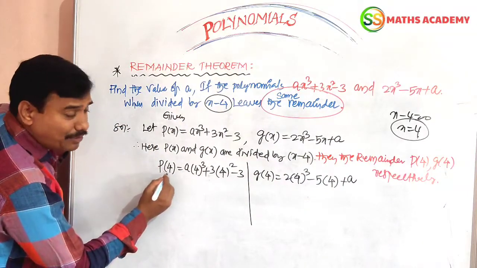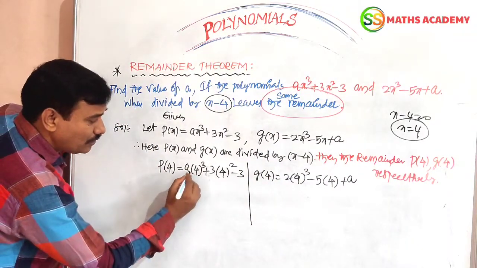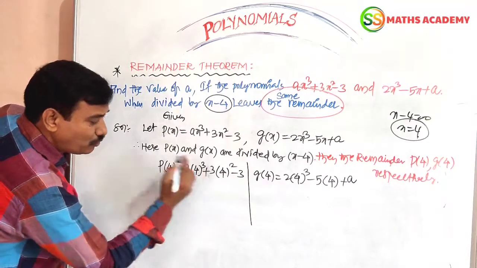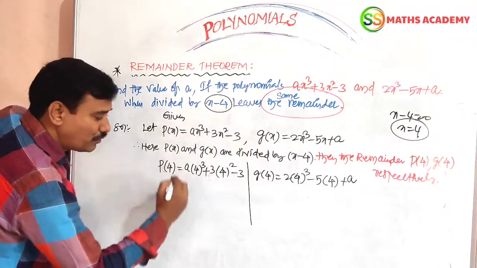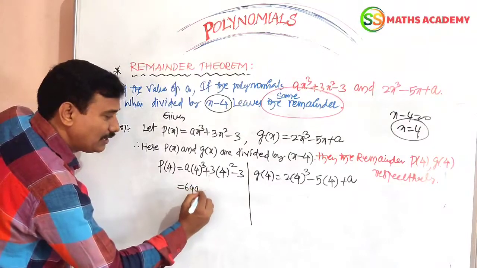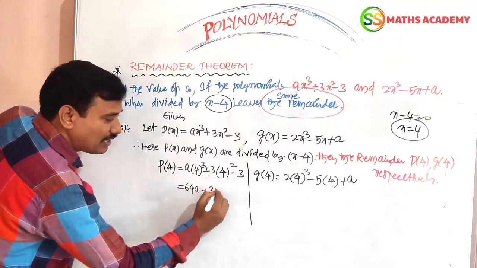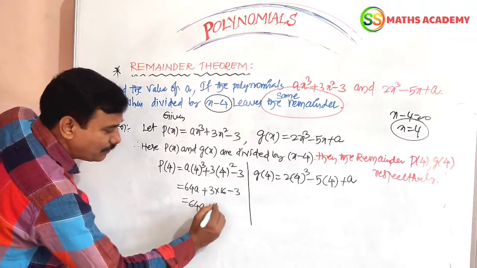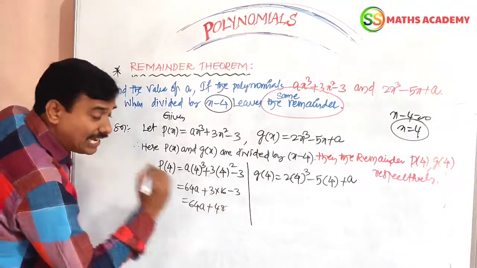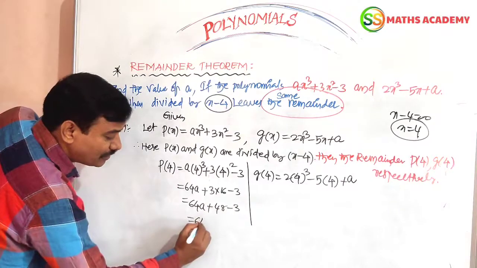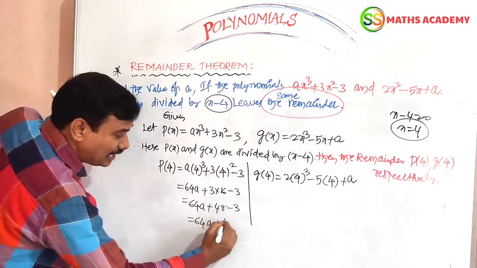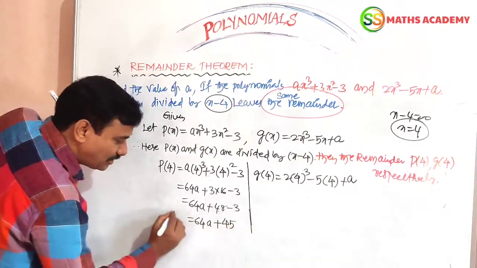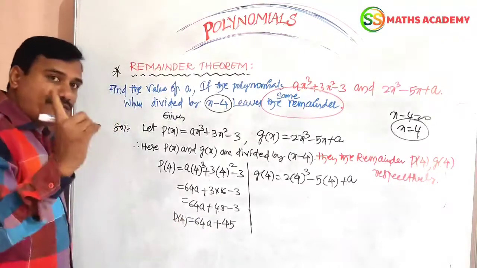Now 4 to the power of 3, 4 into 4 into 4, is 64a, plus 4 square, 16, times 3 is 48, minus 3. So 64a plus 45. This is the value of p of 4.